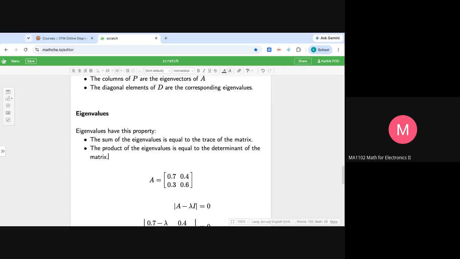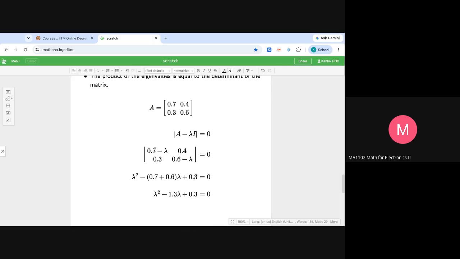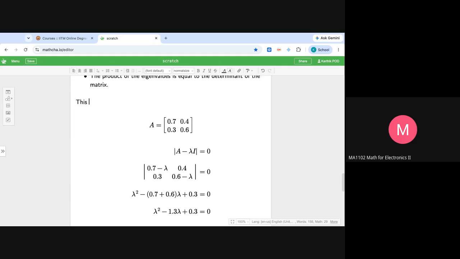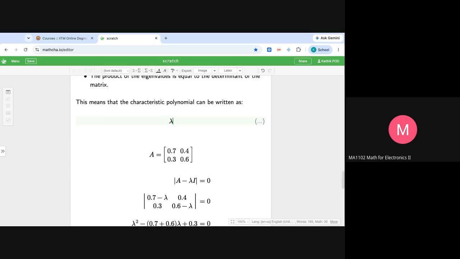So the characteristic polynomial, of course for 2 by 2, can be written this way. This will not work for 3 by 3 or 4 by 4 or higher orders. But in general, it's (lambda 1 minus lambda) times (lambda 2 minus lambda), if the two eigenvalues are lambda 1 and lambda 2.